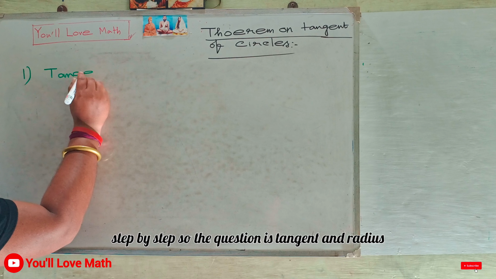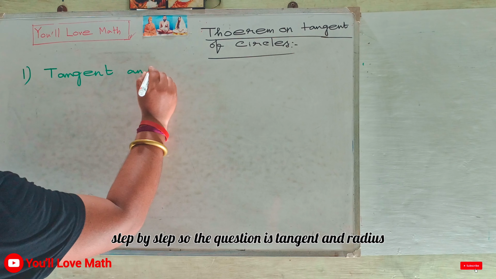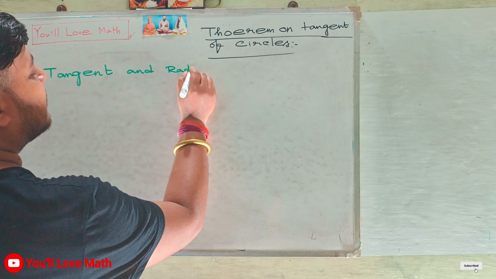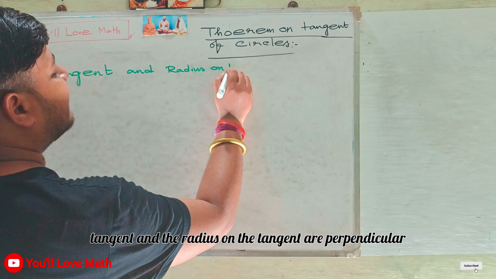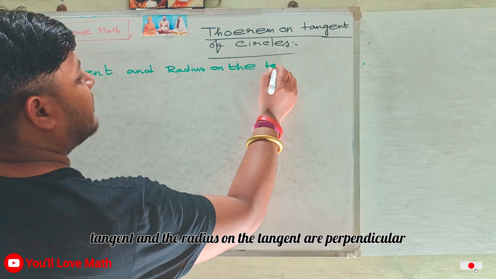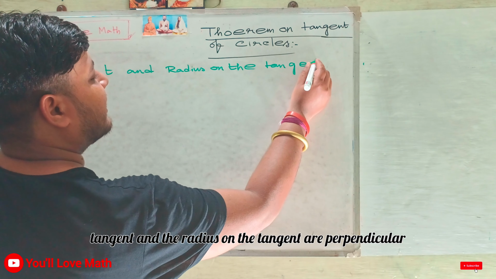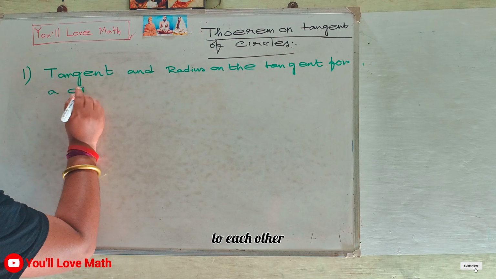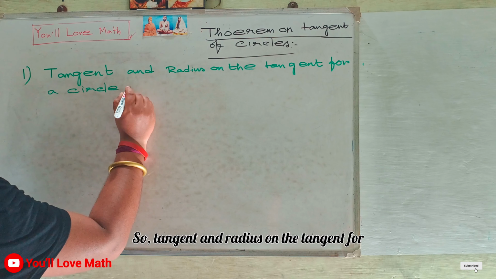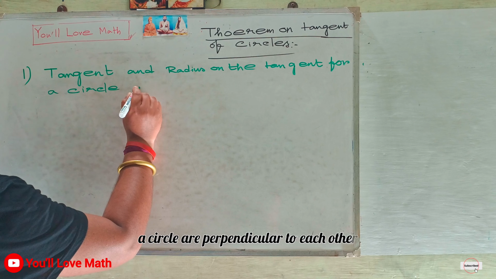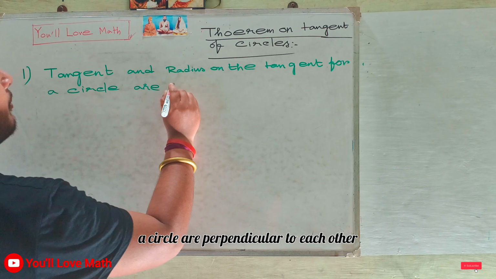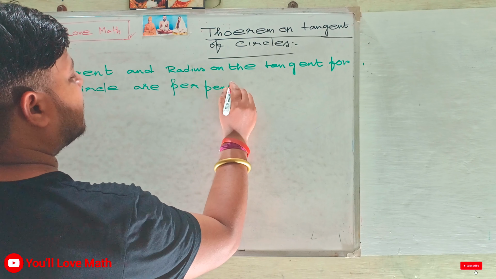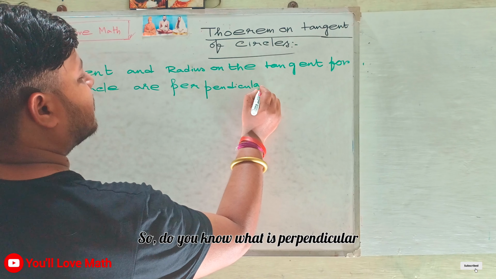The statement is: the tangent and the radius at the point of tangency of a circle are perpendicular to each other. That is the statement of the theorem.